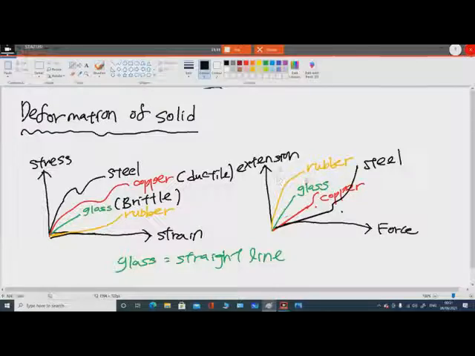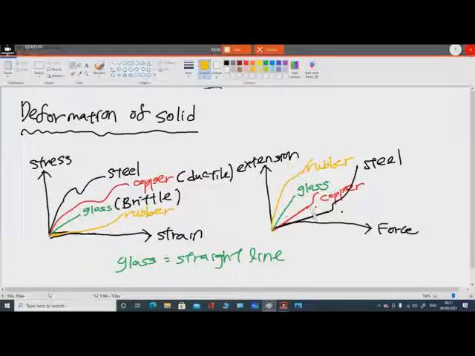Moving on to this extension force, we can see that rubber has the maximum extension among these four materials.